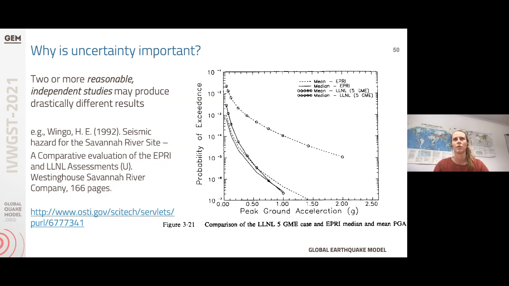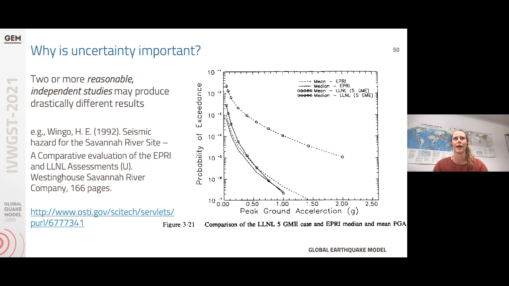And to do this, we'll reference a study from the 90s, which took a look at two different PSHA studies from reputable institutions that computed very different results for a critical site. And the main reason for this was because of subjective decisions that were made that impacted the outcome.